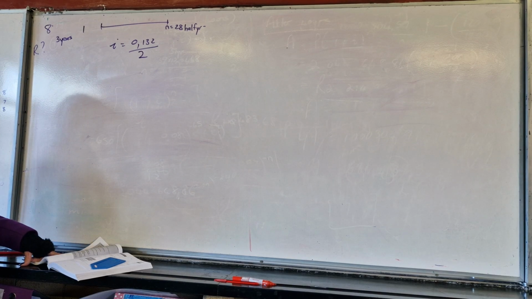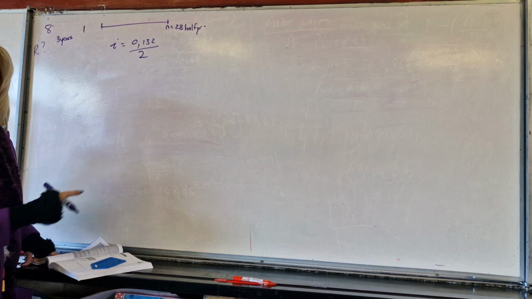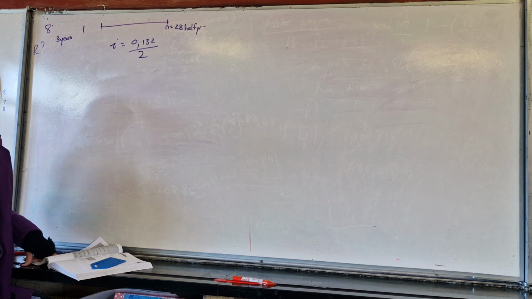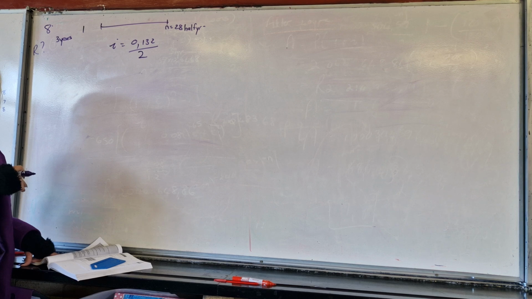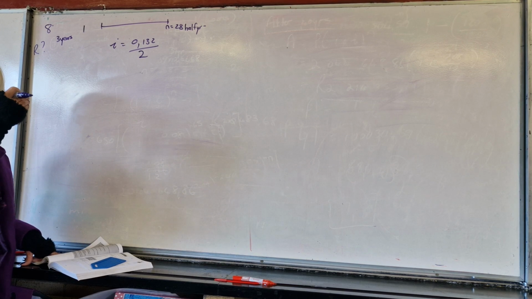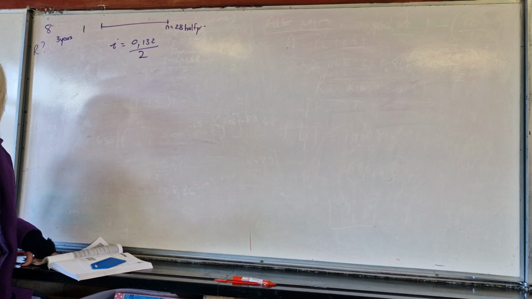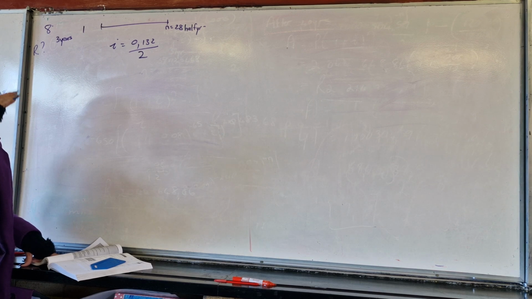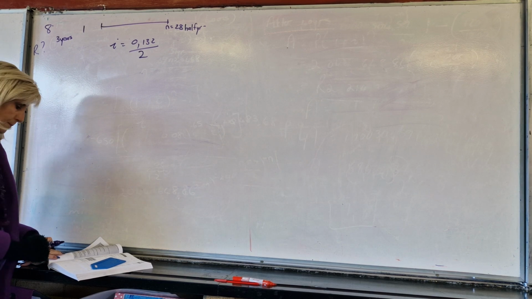So which are you going to change to which with the effective and nominal interest rates that you've got to go work with? Am I going to change the 28 half years? No, that's the money I have and that's my plan. The bank is giving me the interest rate monthly. I need the interest rate to be biannually. So you have to change the interest rate from monthly to biannually with effective and nominal rates. Are you with me? So that everything is in the same. It wasn't, but it could be.